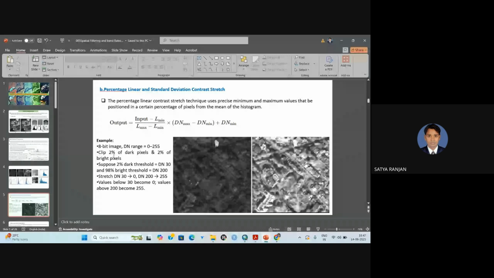Suppose 2% of dark pixels and 2% of bright pixels are there, and suppose the 2% dark threshold is DN 30, and the bright threshold is DN 200, and the stretch is DN 30 to 0, and DN 200 tends to 255.